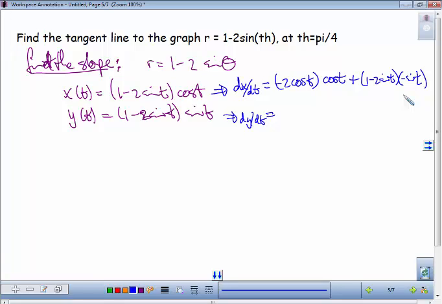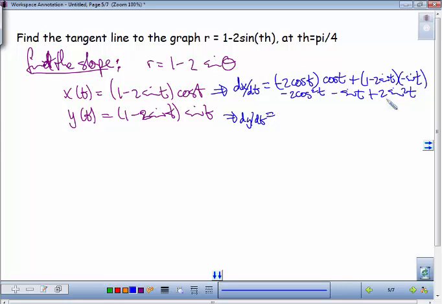Suppose we should take a step to try to simplify this a little bit. We have negative 2 cosine squared t, and let's distribute here. We have minus sine t minus, that's a plus 2 sine squared t. So one's negative, one's positive, and unfortunately I can't combine the cosine and the sine here, so looks like I'm stuck.